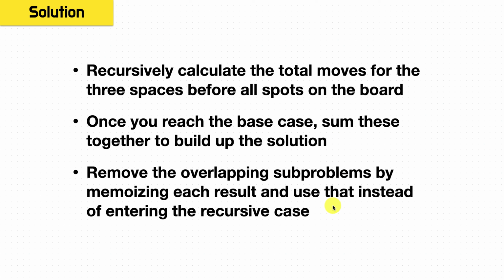We realized we had overlapping subproblems, and we're going to use memoization to remove the duplicate work and prevent the need from entering the recursive case. This is the top-down dynamic programming solution and an optimized solution for this problem over the brute force solution.